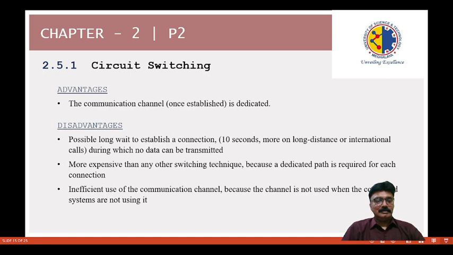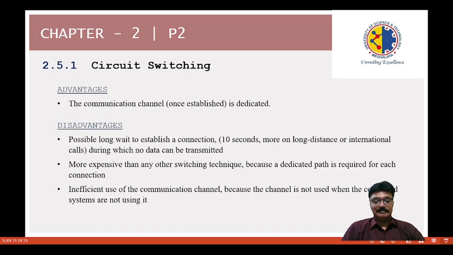Disadvantages: possible long wait to establish a connection. If somebody is already in line, then we need to wait to establish the connection. It can take 10 seconds or more on long distance or international calls, during which no data can be transmitted. It is more expensive than any other switching technique.